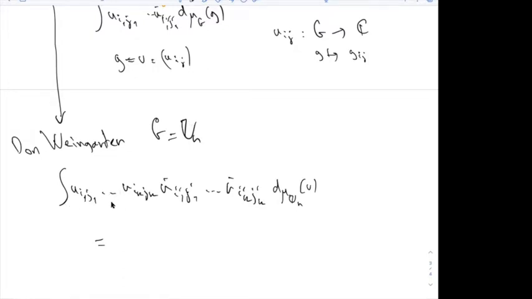Okay, sorry. So one more thing before I start writing the answer, the theorem actually. Here you see, I did one thing special: I took the same number of U's and the same number of U bars. And the reason is because if I had not done so, then the value would have been 0 by the S1 invariance. If I replace U by e^{iθ} U, then it's the same distribution, right?